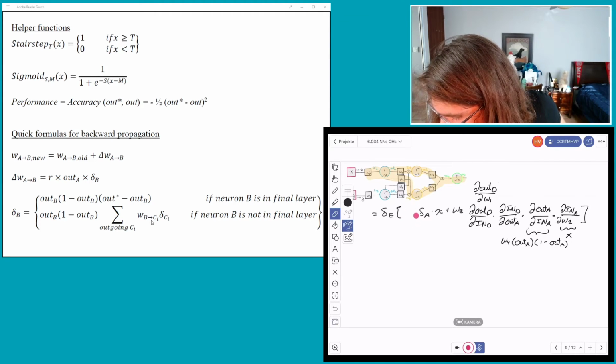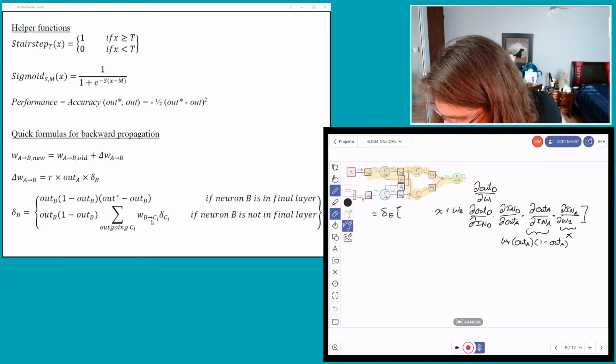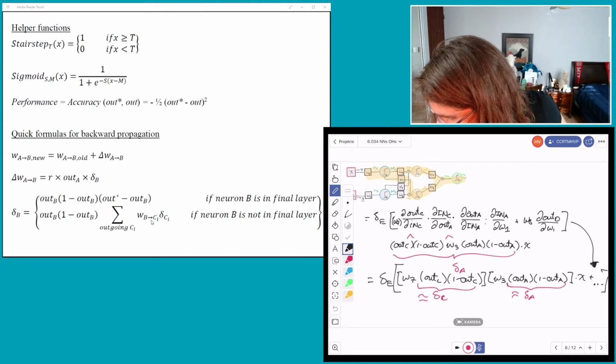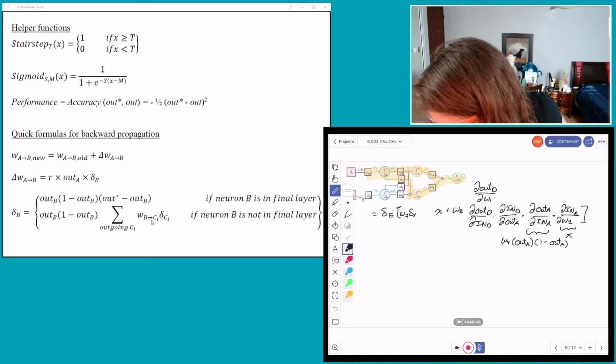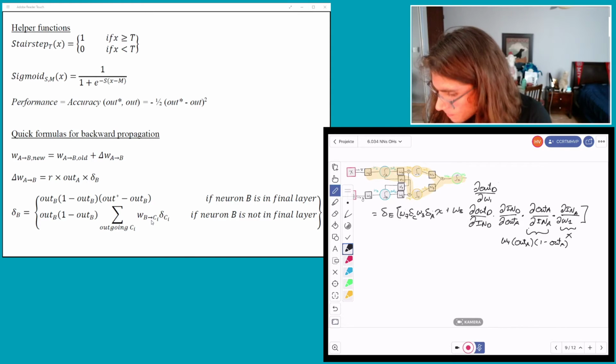So I'm going to quickly correct this. This is W7 delta C, sorry. Delta C. W3 delta A times X. There you have the weights explicitly.